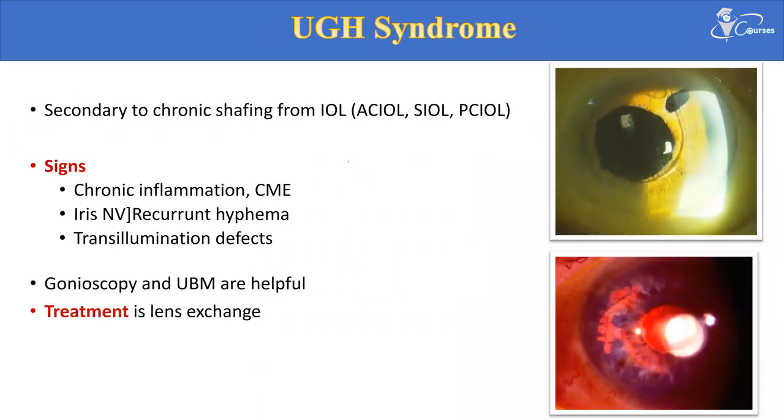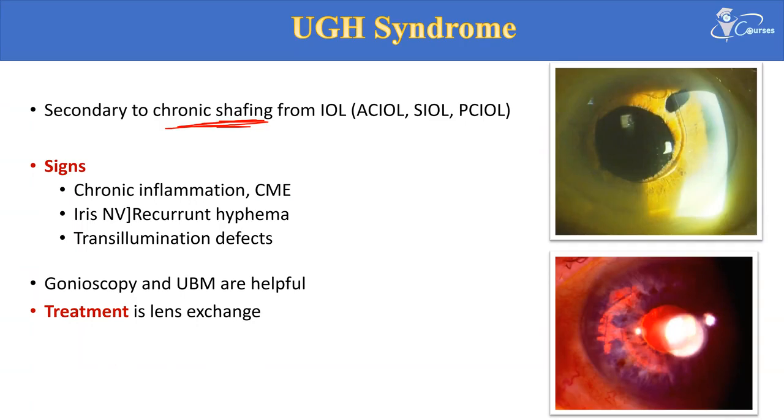Another case of open angle glaucoma is the UGH syndrome, referring to uveitis glaucoma hyphema syndrome. It is an open angle glaucoma which occurs secondary to the presence of an IOL. This IOL causes chronic chafing of the iris, like rubbing of the IOL against the iris, resulting in loss of iris tissue and persistent inflammation.